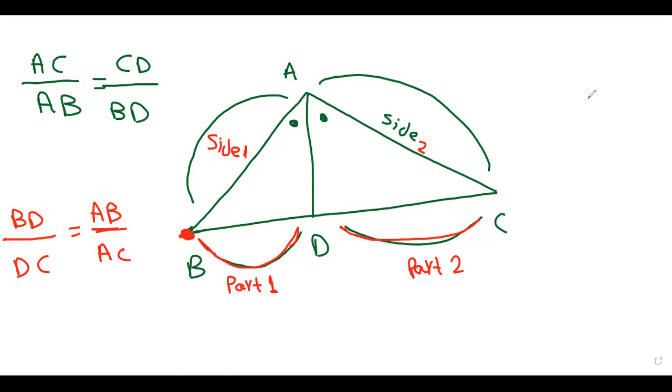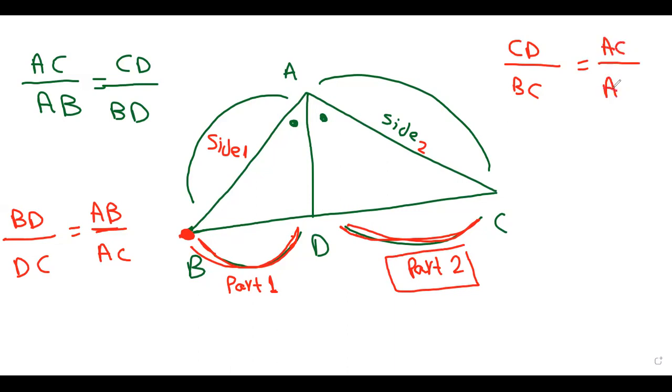If you are going to find the ratio CD over BD, so you started with this part, CD over BD, this is part 1, and this is part 2, is equal to AC, this is side 2, because you have taken CD firstly, so you should take AC, side 2, so write AC over AB.